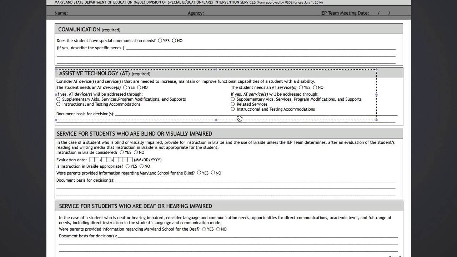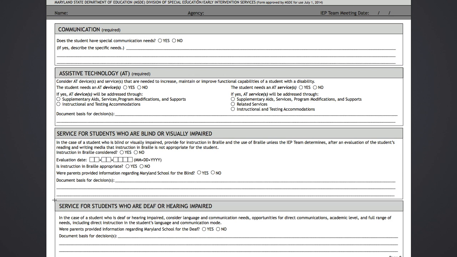If the student is blind or visually impaired, then there's a series of questions here that the team is asked to consider with regard to whether or not the student may be eligible or appropriate for instruction in Braille.